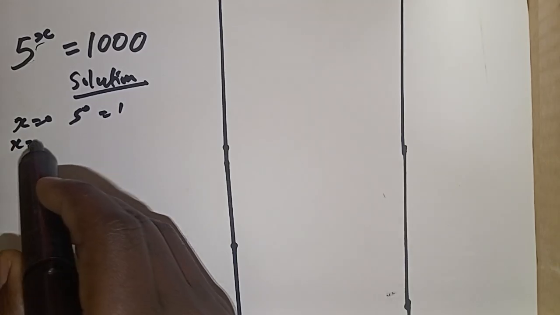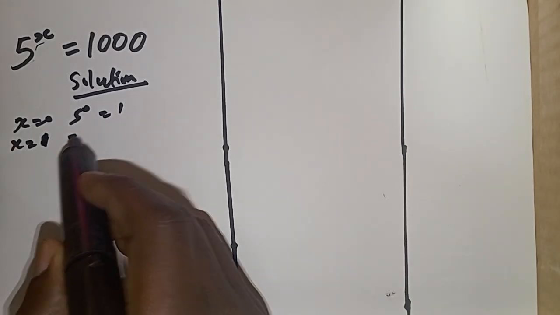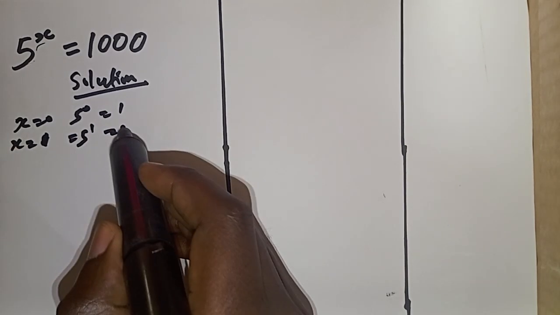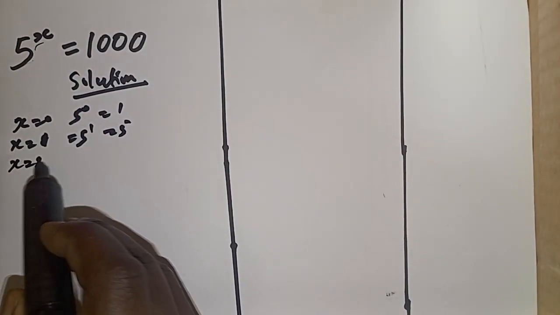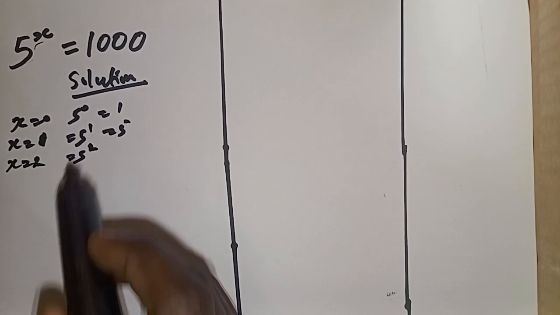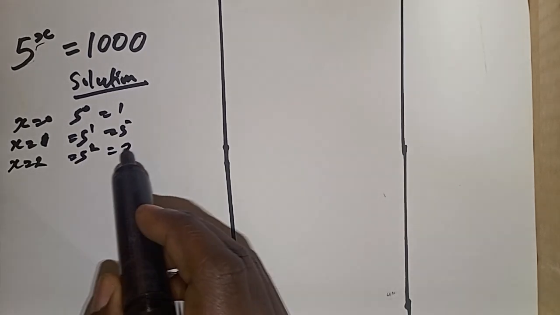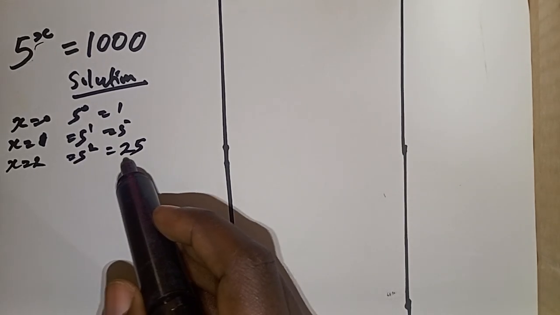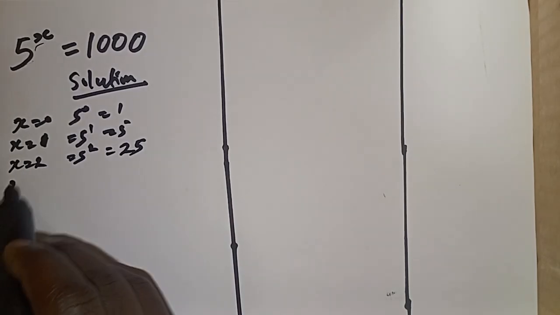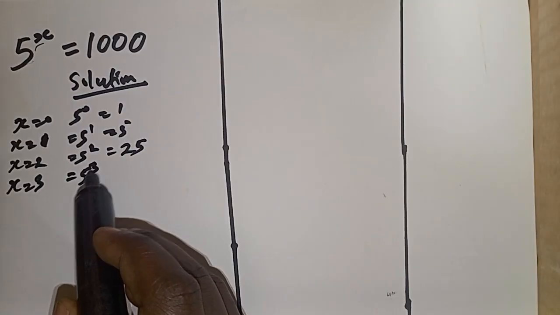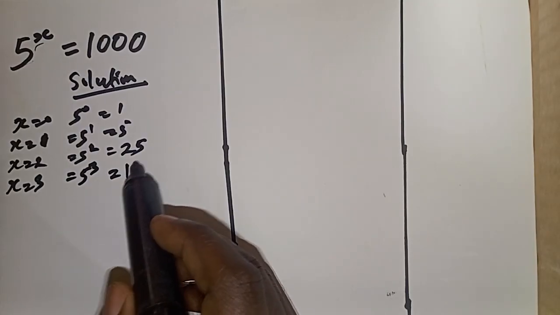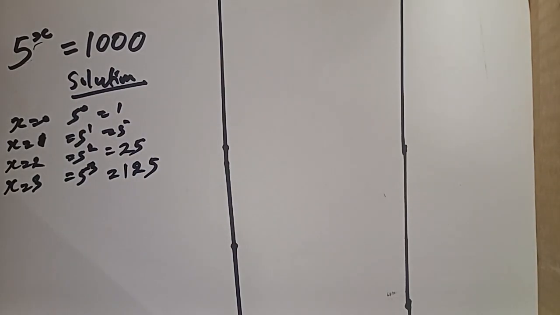When x is 1, that is 5 to the power 1, which gives us 5. While x is equal to 2, then 5 to the power 2 is 25. Let's say x is equal to 3, then 5 to the power 3 gives us 125.